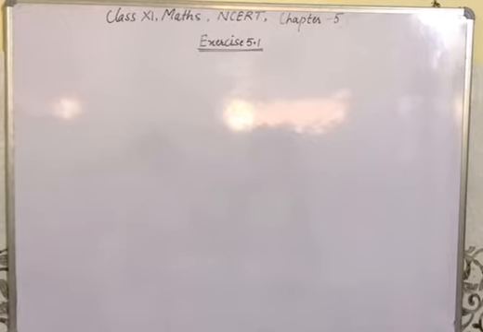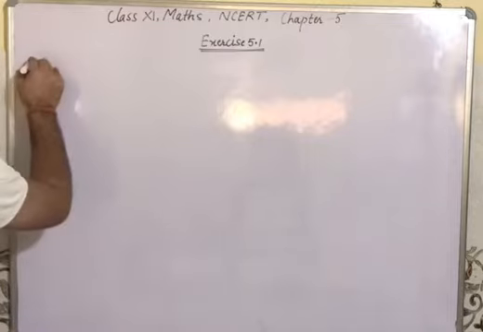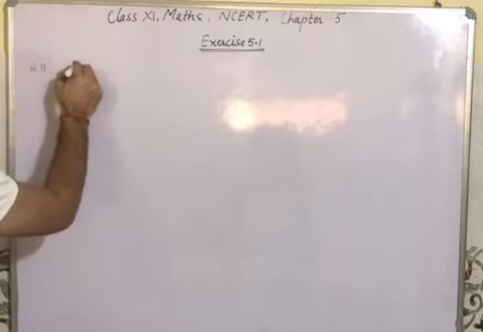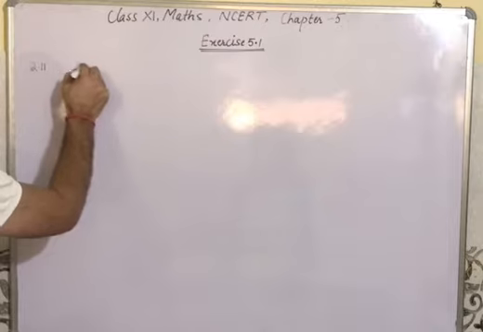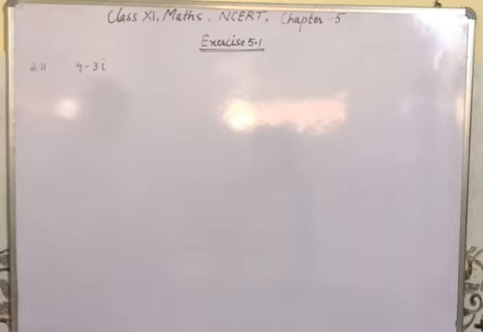Questions 11 to 13, find their multiplicative inverse. And what is the multiplicative inverse? Question 11, 4 minus 3 iota. Find their multiplicative inverse.